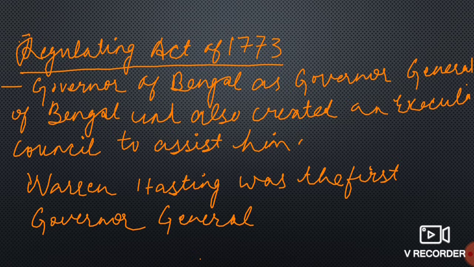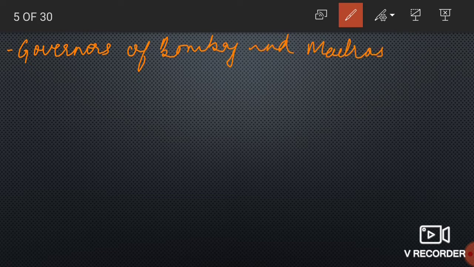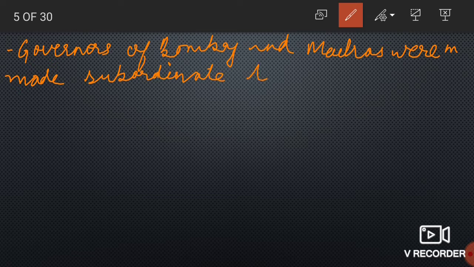The governors of Bombay and Madras were made subordinate to him, meaning all the administrative powers were vested in the Governor General of Bengal.